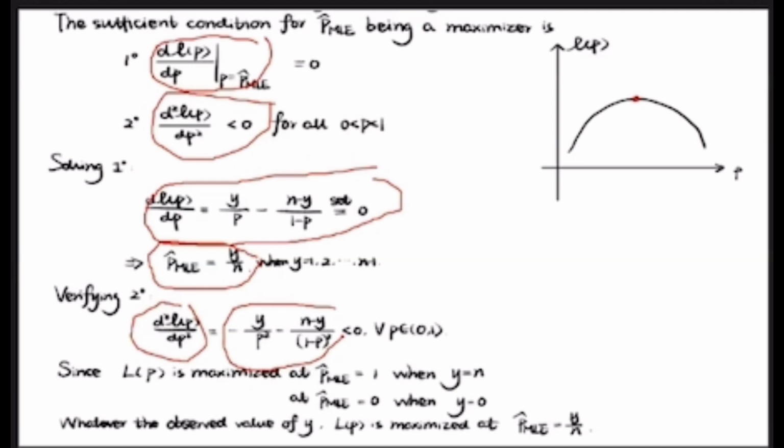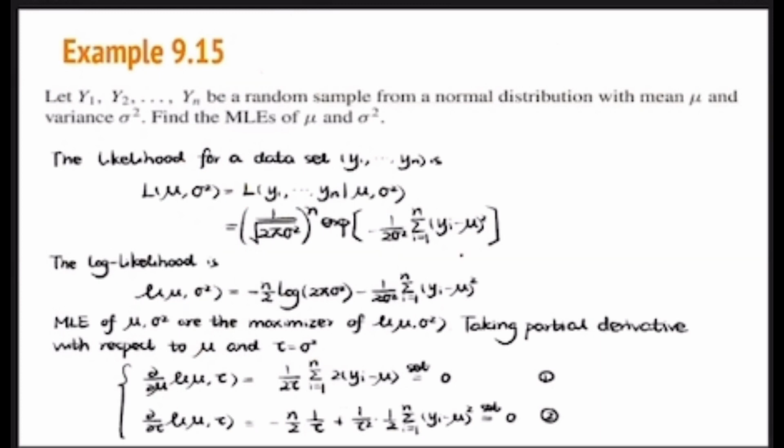Okay. Now I'm going to go into another example. Take a look at this. This time around, by the time we did sufficiency the other time, using the Fisher-Neyman factorization theorem, the sufficient statistic we got for this was summation Y and summation Y squared, right?